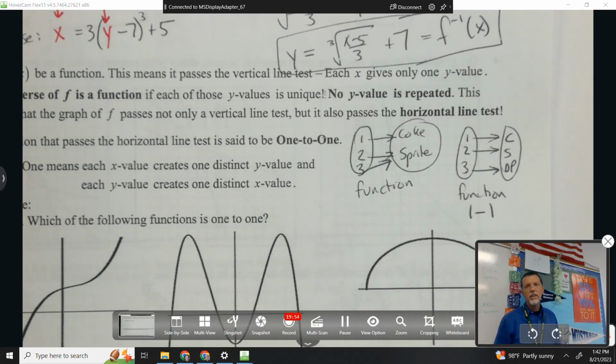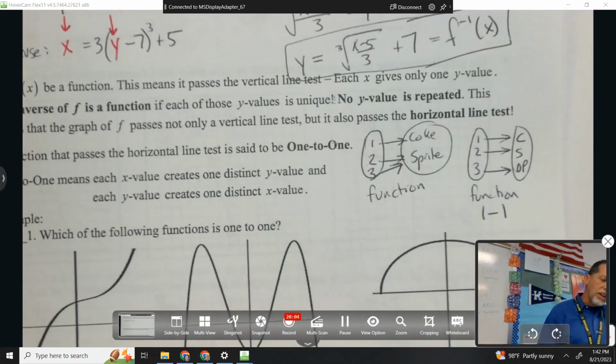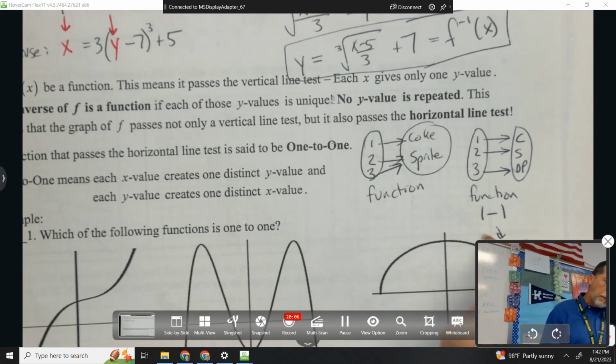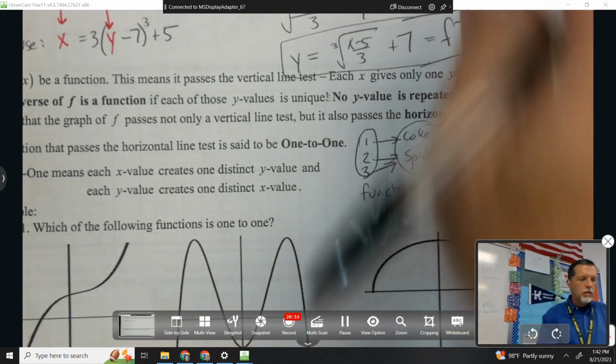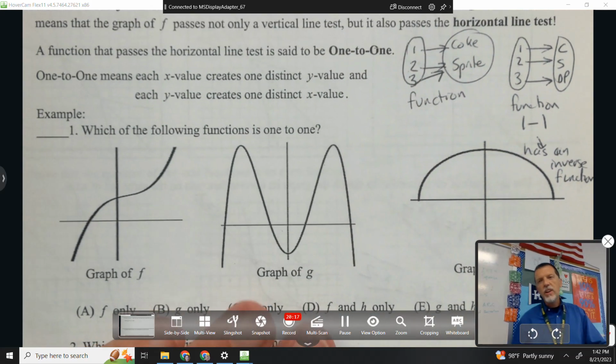If someone's standing there with a Coke, I know they pushed the 1 button. If they're standing there with the Sprite, they pushed the 2 button. Standing there with Dr. Pepper, they pushed the 3 button. So that function has an inverse function.